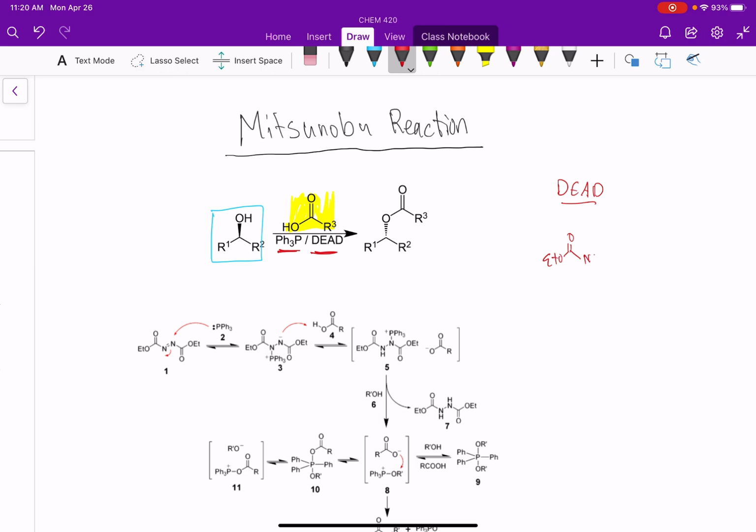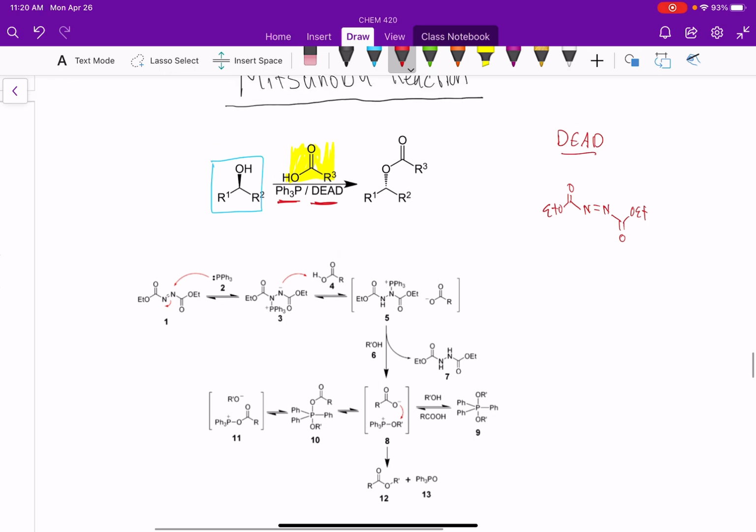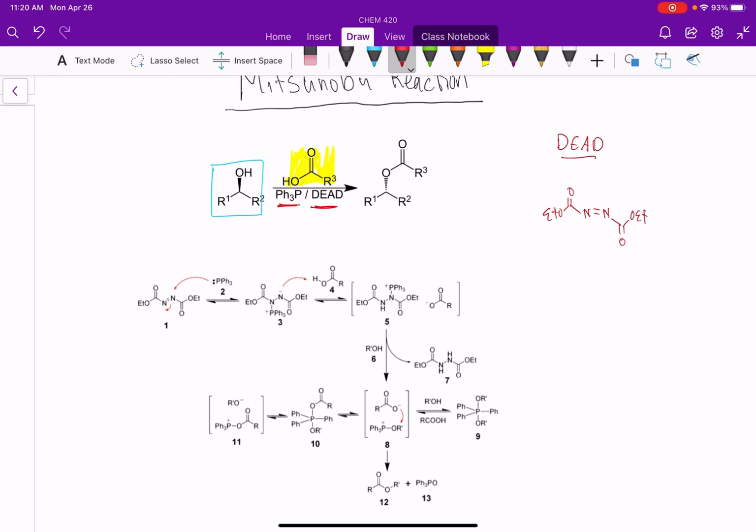It's an ester connected at 2 ends through a nitrogen-nitrogen double bond to another ester. That's DEAD. In this reaction, you have formed your ester, and if there's ever stereochemistry on the alcohol part, that gets inverted.